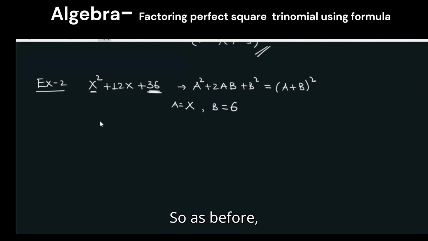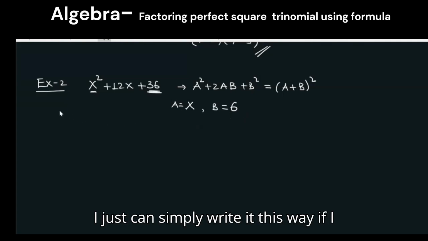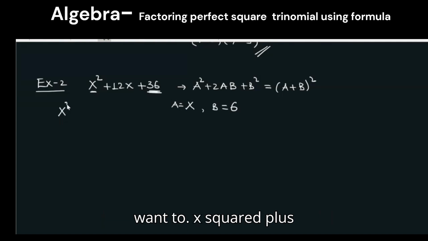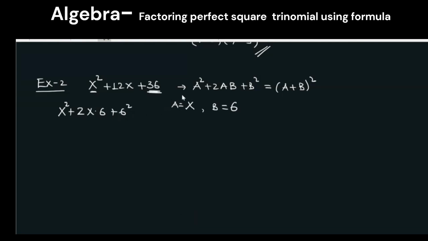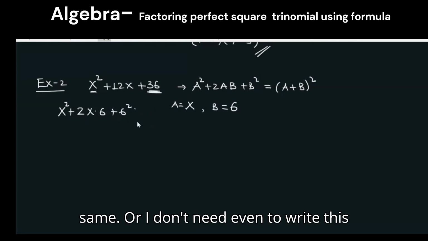As before, I can write it this way if I want to: x squared plus 2 times a times b plus b squared. This format and this format are the same, so I don't even need to write this step.